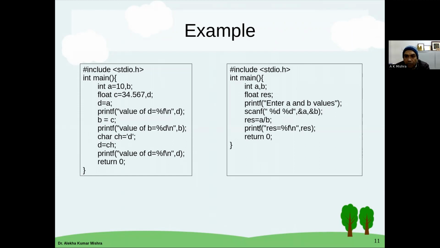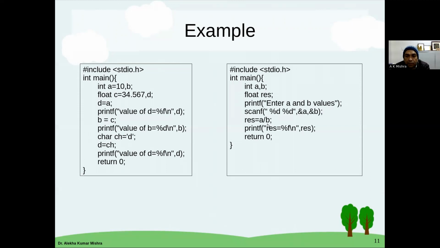So it doesn't matter what fraction it actually generates, the resulting value that is stored in RES will have no fractional value. It will always have fractional values as zeros, because this division truncates all the fractional part. Before we assign to result, this value first becomes an integer division, then the result of this division is converted into floating point type, then that floating point value is assigned to result.